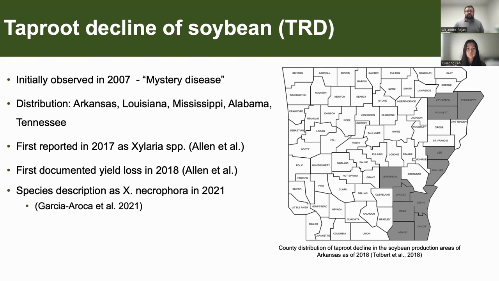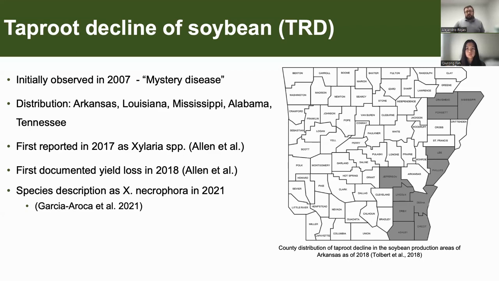observe. So in 2007, it was named as the mystery disease, and it was affecting states like Arkansas, Louisiana, and Mississippi. And the disease started moving to other states nearby, like Alabama and Tennessee. Finally, in 2017, we had a report that it was actually a Sclerotinia species causing the disease on the soybean.